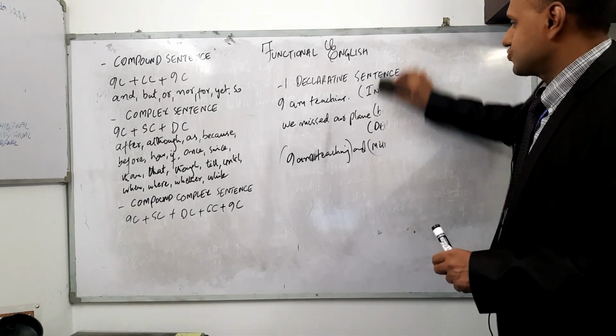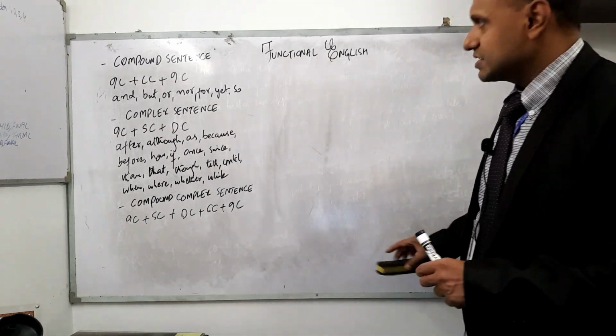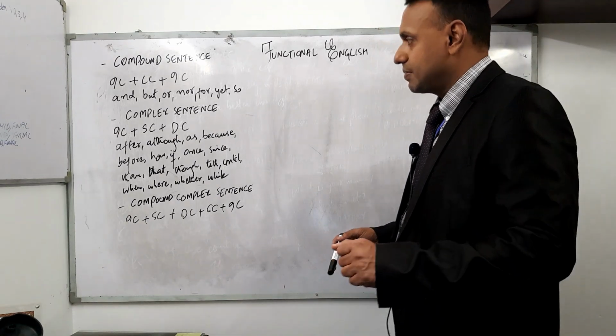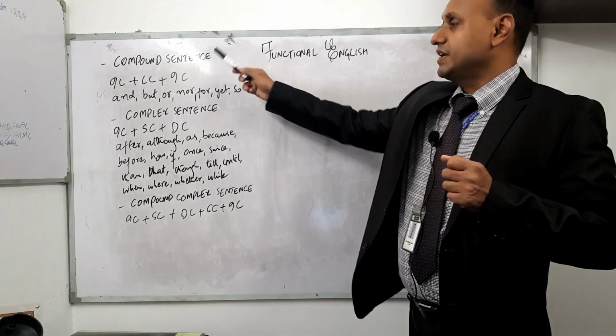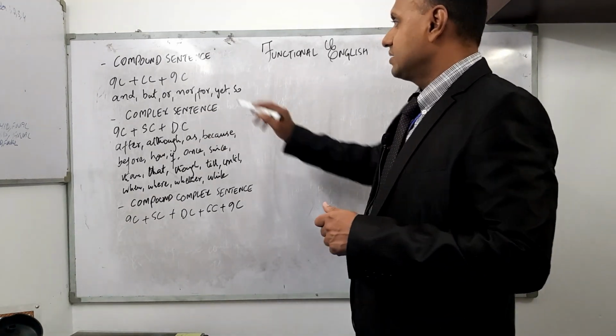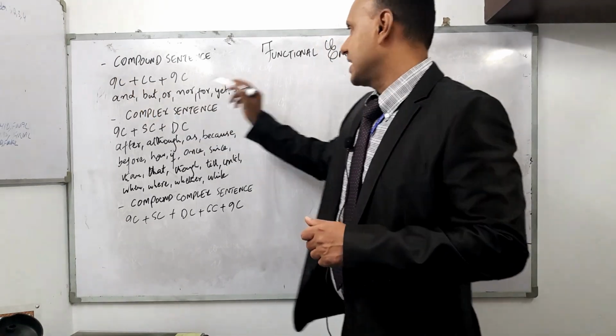Now moving on to the structure of sentences, which is rather more important. Simple structure, compound structure, conditional structure, complex structure, all these are the structures. So let's go with the very first one, that is the compound structure. IC means independent clause, CC I can write it here.